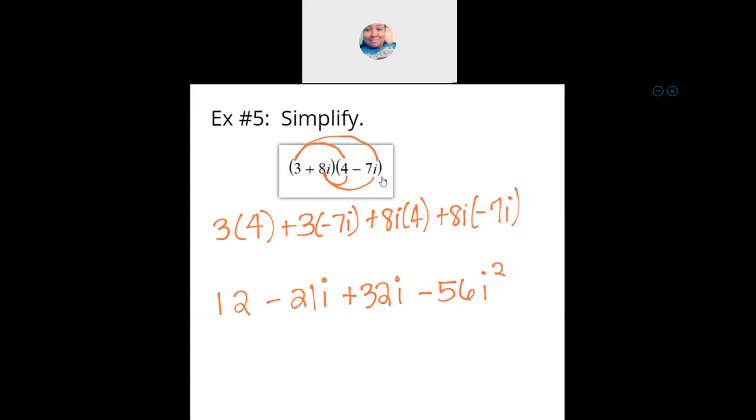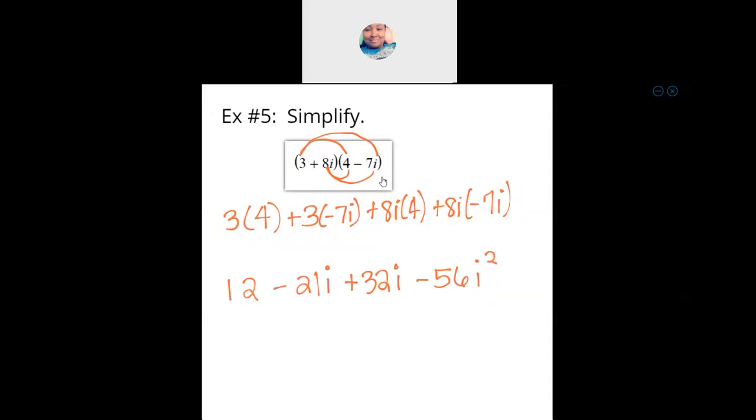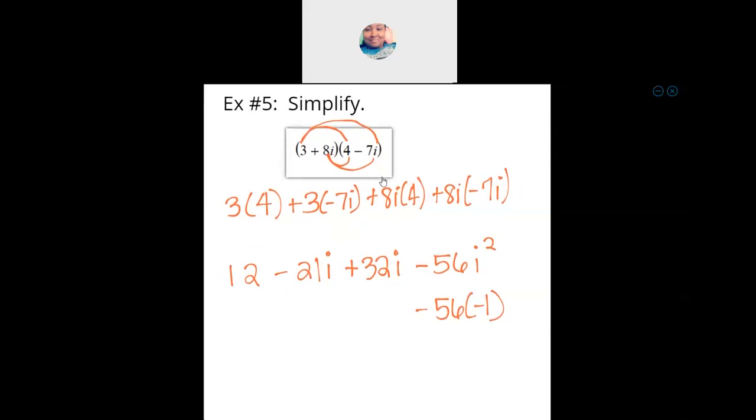So from there, I'm going to go ahead and rewrite i squared. I know it's equal to negative 1. So that becomes negative 56 times negative 1. I drop down 12. And then now these two in the middle will combine. So negative 21 plus 32 actually gives me positive 11.